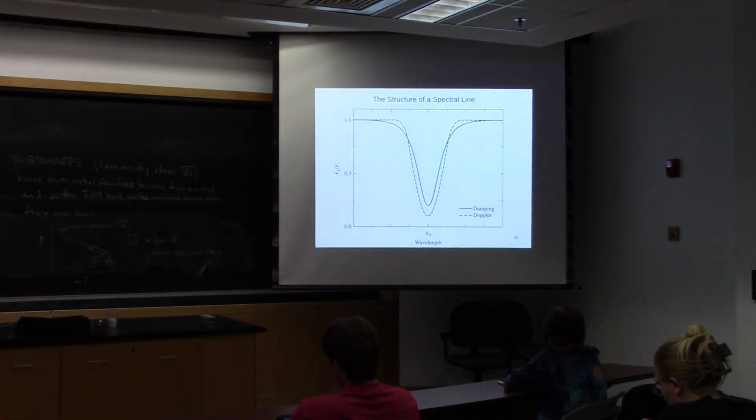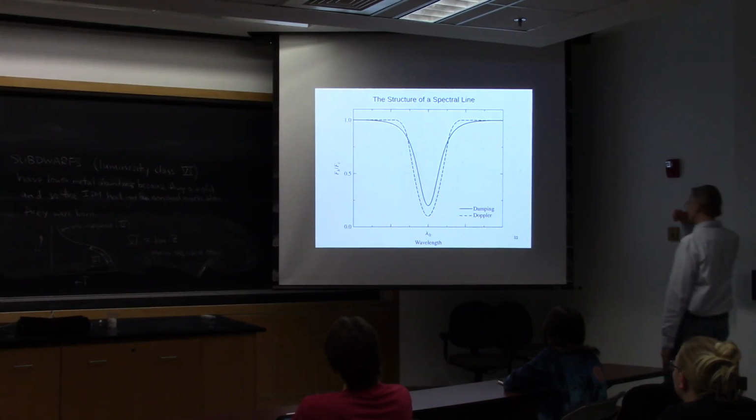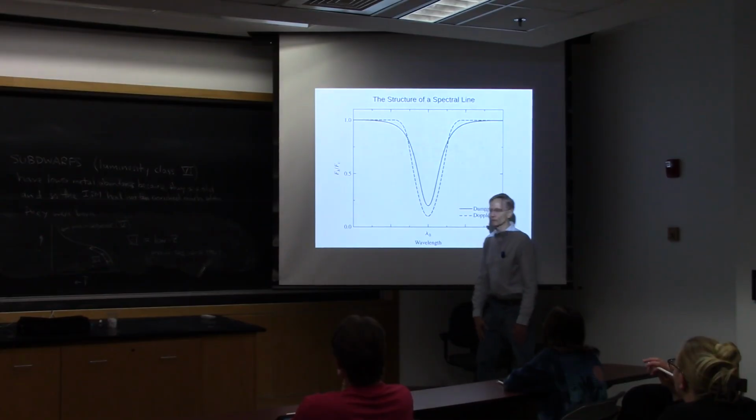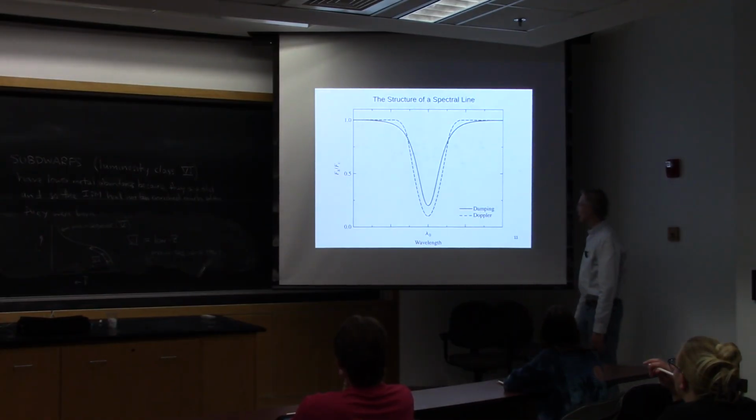So towards the line core, which one's broader, Doppler or damping? Towards the line core. The core is the middle part. Which is broader near the core, Doppler or damping? Doppler. Doppler broadening dominates in the core, but look at the wings.